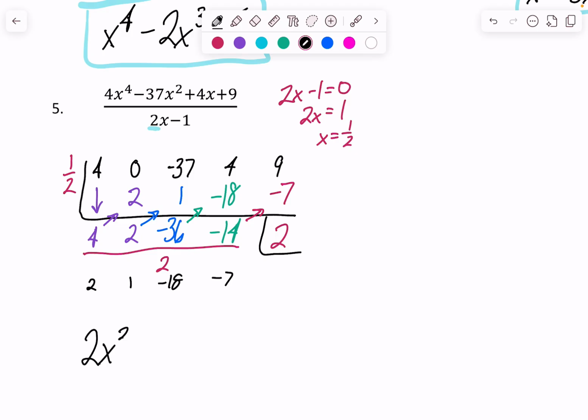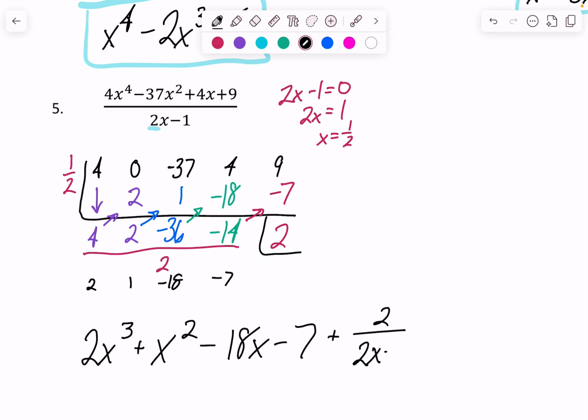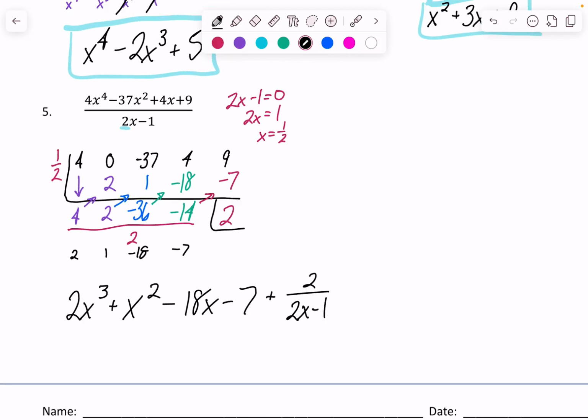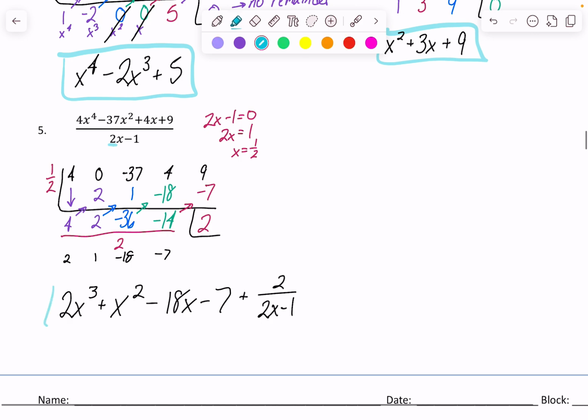So we have 2x cubed plus x squared minus 18x minus 7. And then our remainder does not get divided by 2 because we're writing it over the 2x plus 1. So it's being divided there, minus 1. Okay, so we're not going to write it again. There we go, all done.